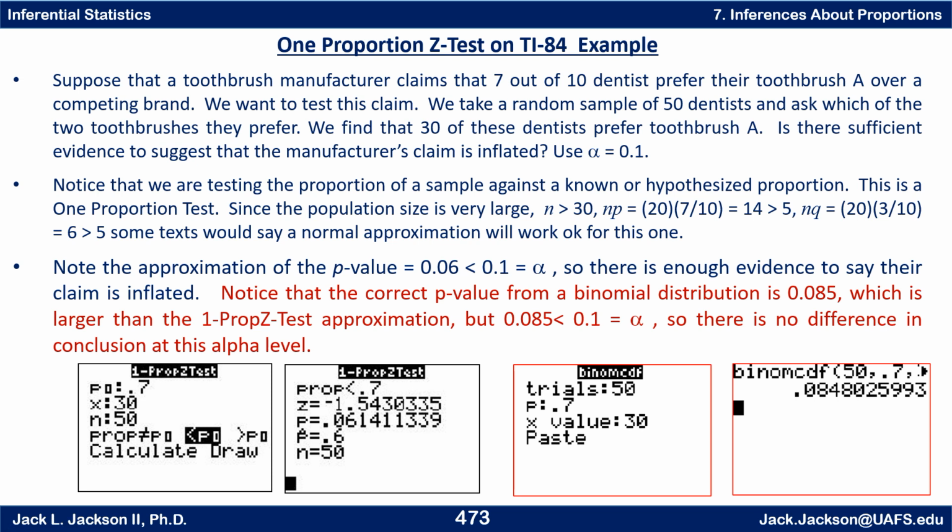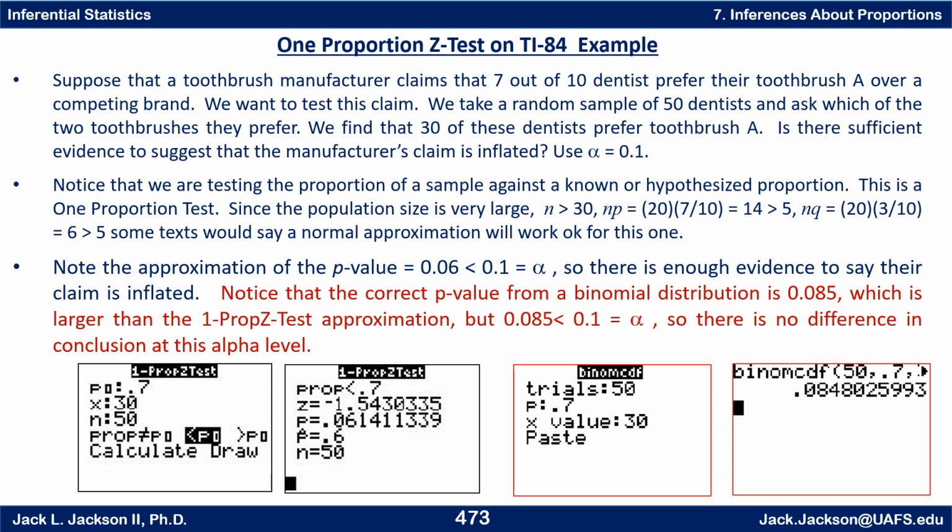That's the probability that we will get 30 or less successes in a sample this size if the true proportion was 70%. And that's the real p-value, 0.085.